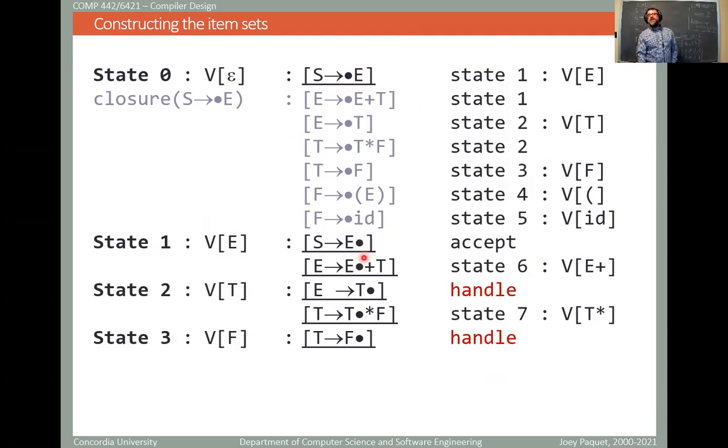But as you see, closure only expands if there are items that have non-terminal symbols after the dot. Here, I don't have any non-terminal symbols after the dot in any of my items. So the closure is actually the initial set of items.